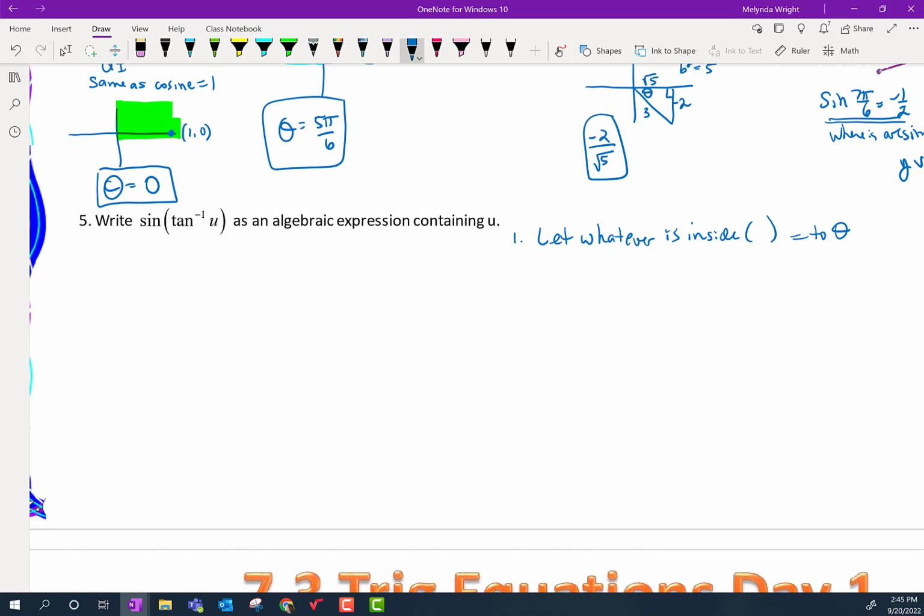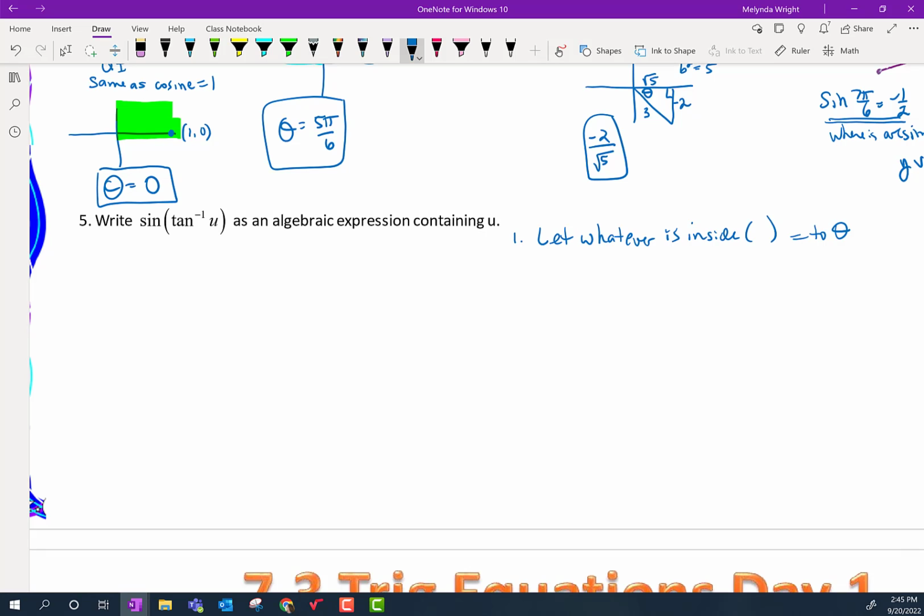I'm just going to be honest with you. I taught this in the last class, and some students were skipping this part. If you skip this part, you're not going to be able to do this kind of problem. You have to do this. So I'm going to let whatever's inside equal to theta.